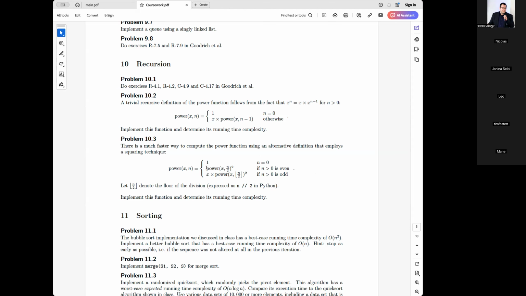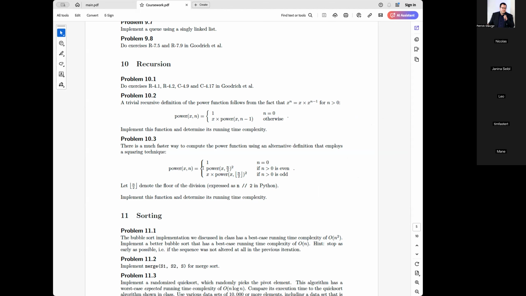So you break this up recursively and you keep doing this. Then you only calculate x to the power of n half once, and you square it, so you multiply it with itself.